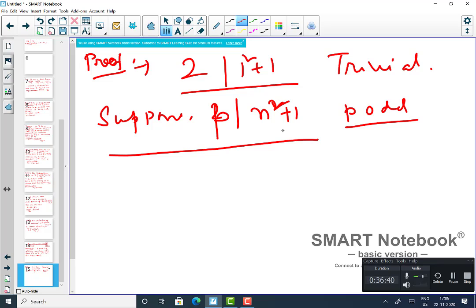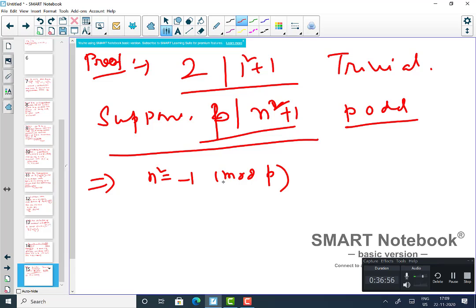So in that case, if I have to prove that p is actually congruent to 1 mod 4, how do I prove it? So what does that mean? So this implies that n square is congruent to minus 1 mod p, right?